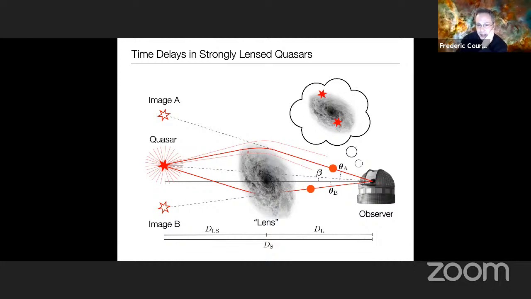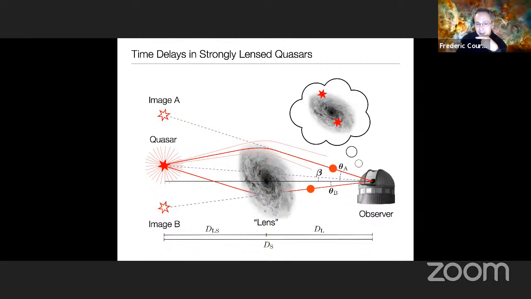One is the difference in length between the optical paths. Second is the gravitational delay of photons passing in one position in the potential well of the lensing galaxy and the other position here. Because the two optical paths don't probe the potential well at the same place, there is a differential gravitational delay between the two lines of sight.